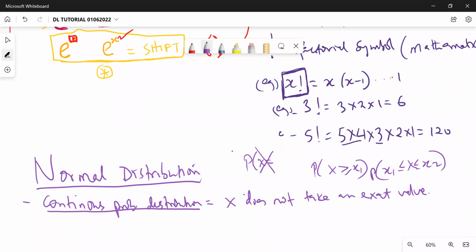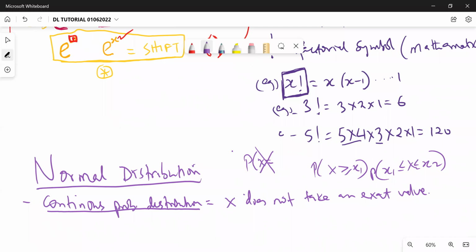They want to look like the normal distribution. And we'll find that there are some scenarios where we approximate a binomial distribution using a normal distribution. There are cases when we approximate the Poisson distribution using the normal distribution, and so on and so forth.